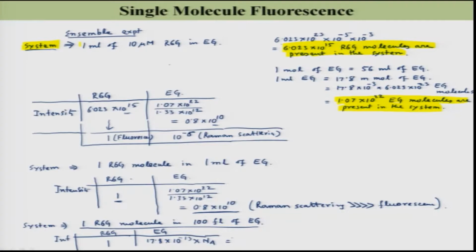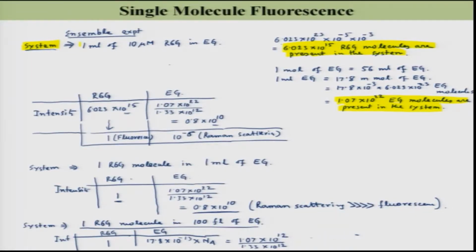So, then this will be 1.07 into 10 to the power 12 molecules of EG. Then I will divide this by 1.33 into 10 to the power 12, right.